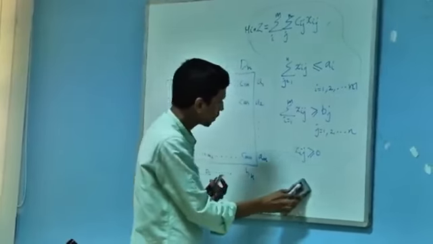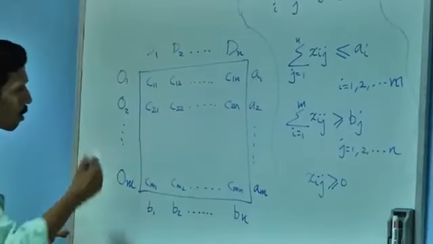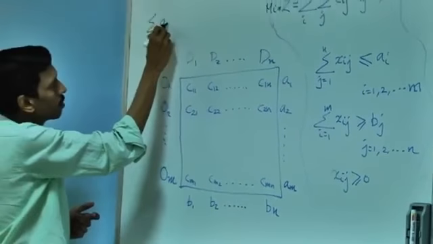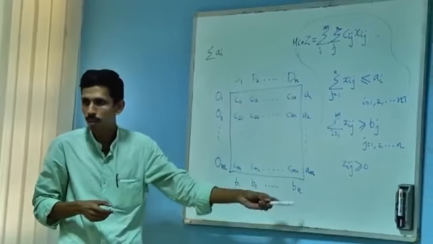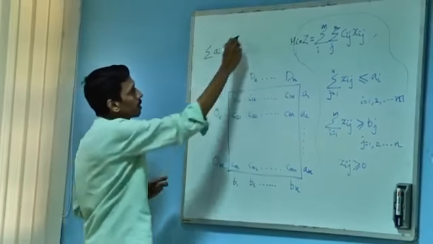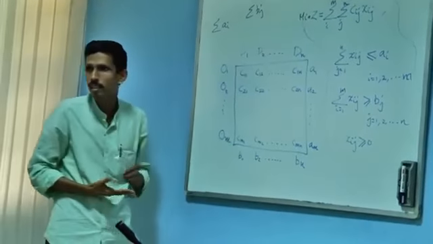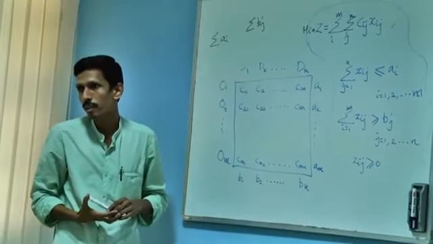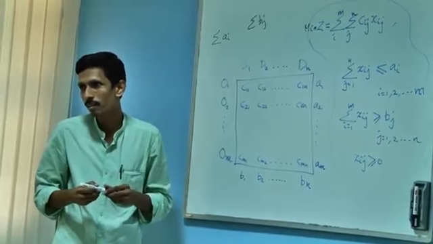Now, the second aspect is that we can reduce this. What will be sigma ai? Sigma ai means total availability at all origins. What is sigma bj? Sigma bj is the total requirement at each demand point, each destination point. Generally, these need not be equal, right?